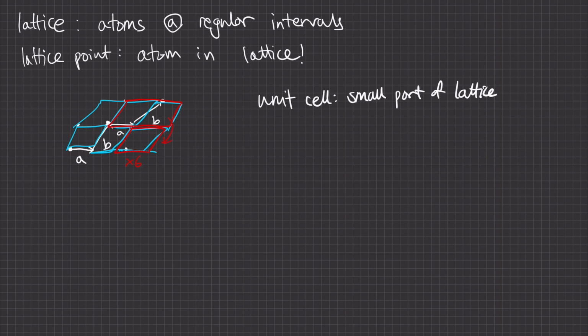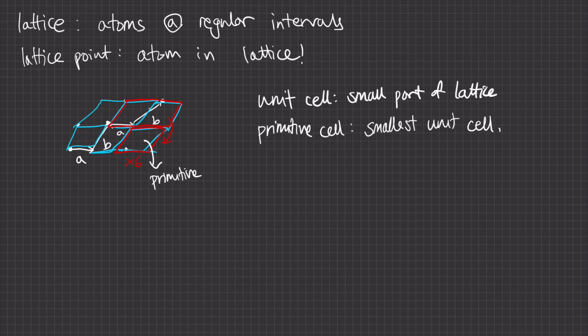So it can be any small section of the lattice that you can use to replicate the entire crystal. And we also need to look at the primitive cell, which is the smallest unit cell. So this is a primitive cell, while this is not primitive because it's not the smallest section you can use, right?